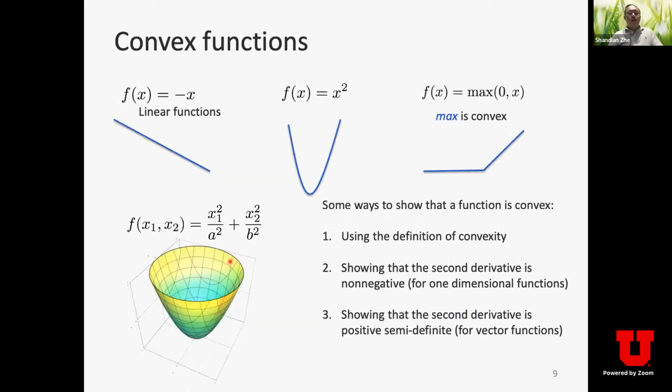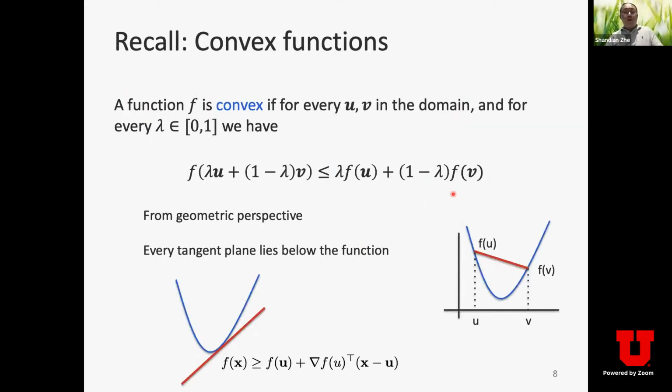So here are instances of common functions: linear functions are convex, quadratic functions are convex, and max functions are convex. However, the max function is not differentiable, as we will see later. And this is a two-dimensional function; this cone is a convex function as well. So how do we show a function is convex? We can first use the definition to show that the convex inequality applies for every possible input in the domain.